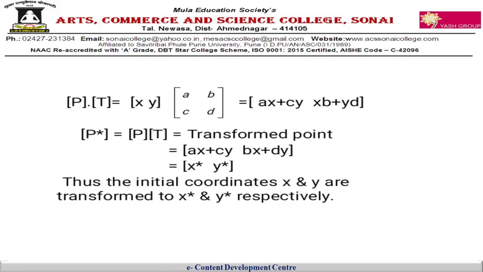Thus, the initial coordinates x and y are transformed to x star and y star respectively. It means if (x, y) are the initial coordinates of point P, then after applying the transformation matrix on that vector, we get a transformed point P star, having coordinates (x star, y star).